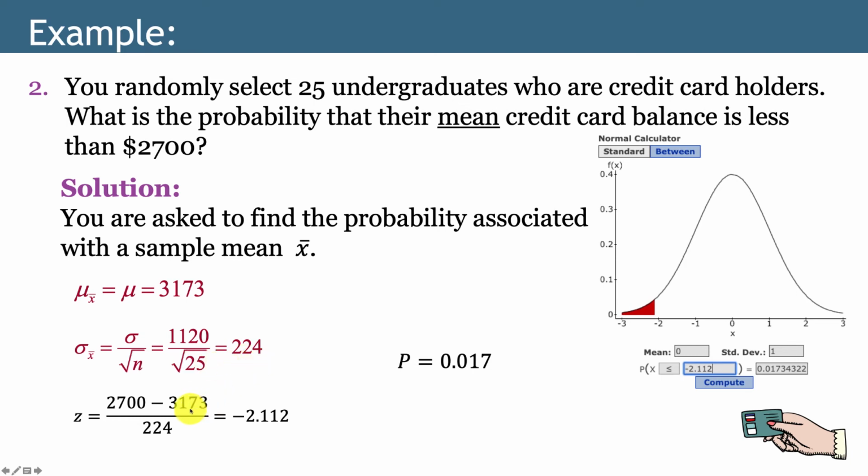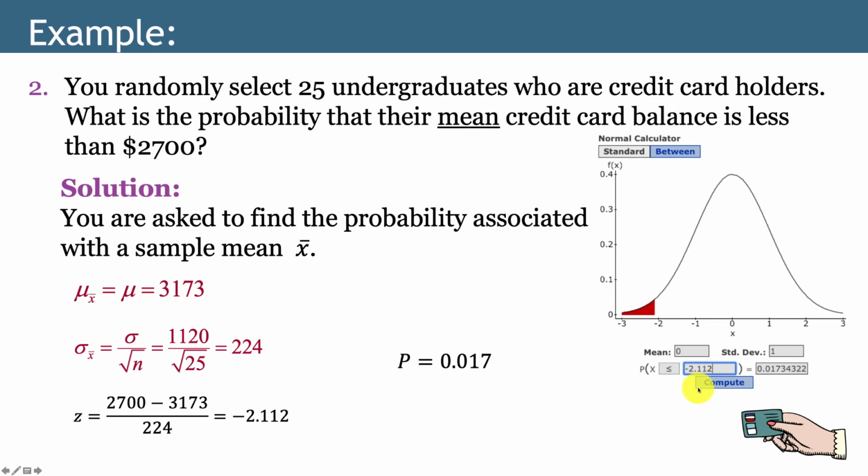So when I do the z-score, it's still the value, in this case x bar, minus the mean, 3173. Now divided by your spread, but in this case, we're not spread by 1120. We're spread by the standard error, so 224. So that's how you calculate your z-score now. And so now my z-score is actually negative 2.112.